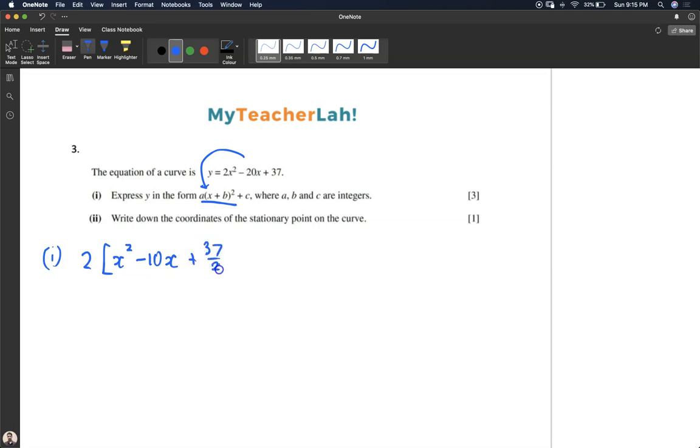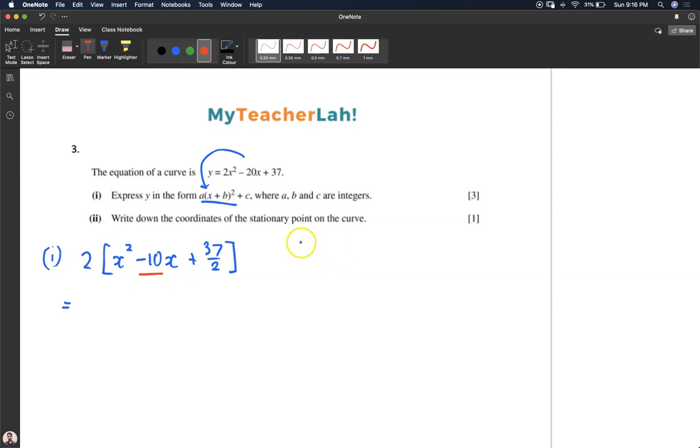You don't necessarily need to equate this to 0 because it's just an expression, but I'm just going to do that. All right, so then how do I simplify this? The next step is always to take into consideration the coefficient of x.